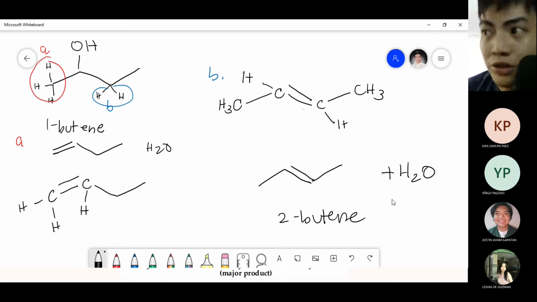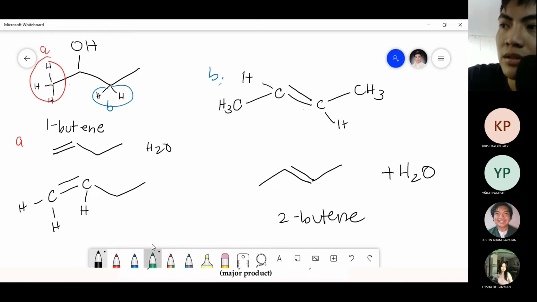Now, ito ngayon yung question. Sino yung major product? Edi, yung letter B. Okay, so ito yung magiging major natin. Bakit siya yung major?